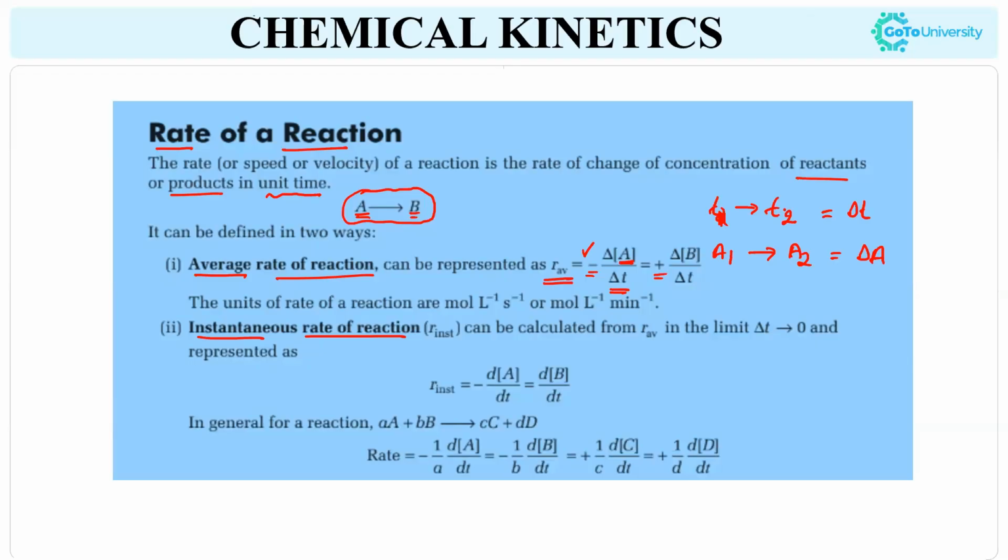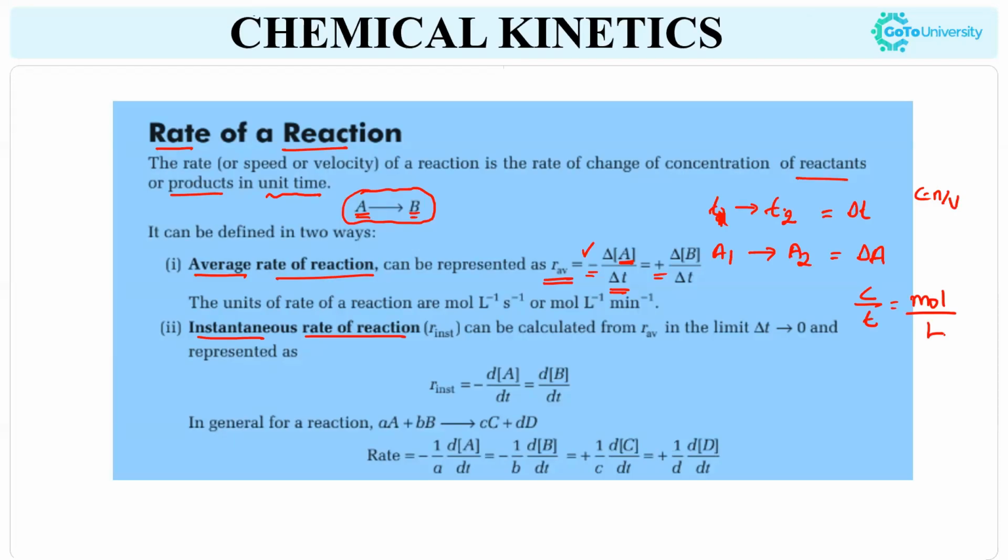Okay, and we should know the unit of the rate, because rate is the change in concentration divided by time, right? So what is the unit of concentration? Concentration is equal to n by V, that is the number of moles per volume. The unit for the number of moles is mole, and volume we usually express in liter or decimeter cubed.